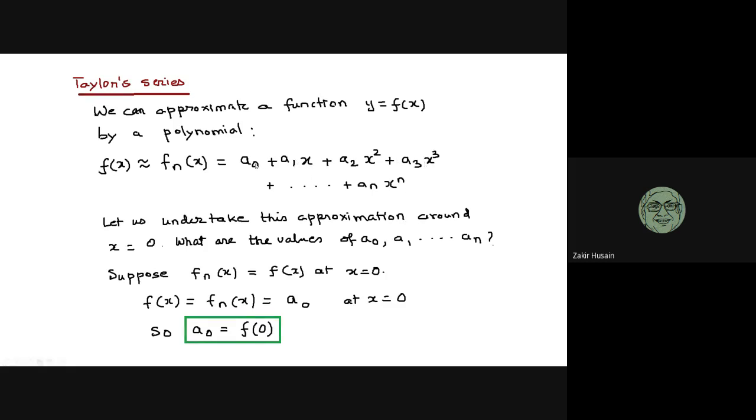So I only have a0. So f_n(x) is equal to a0 when x is equal to 0. Therefore the coefficient a0 is simply equal to f(0). Okay, is it clear? Yes, sir.